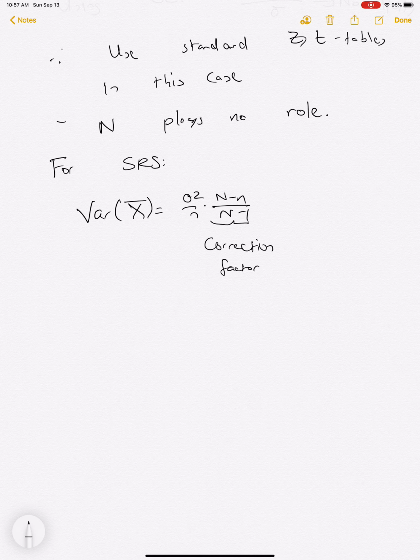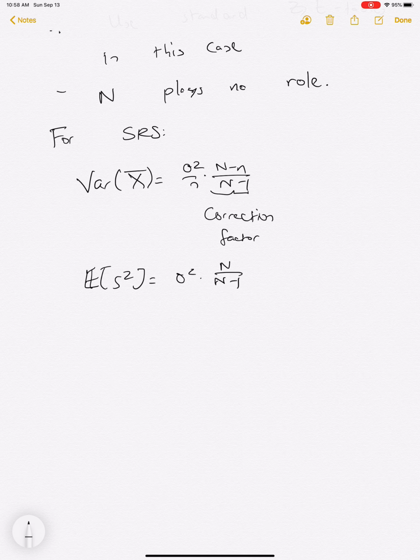And then we also found that you get sigma squared, and then you get another little correction factor. And the upshot of this was that typically the regime that we're looking at is little n over big N going to 0.